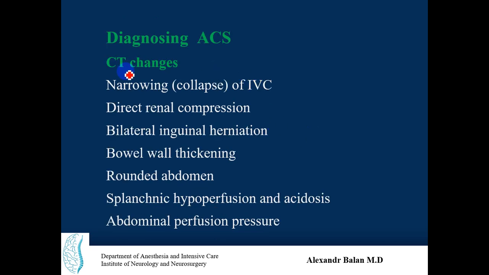Diagnosis can be done by CT scan with narrowing or collapse of inferior vena cava, direct renal compression, bilateral inguinal herniation, from intra-abdominal pressure very high, and of course organs like gut will find a weak side like the umbilical side, or herniation from the umbilical side or inguinal one.